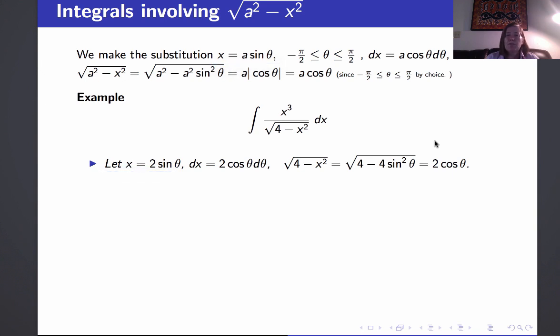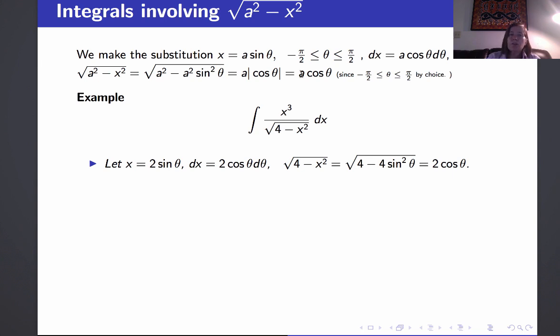Now this simplifies the square root. The square root of 4 minus x squared becomes the square root of 4 minus 4 times sine squared theta. And pulling out that 4, we get the square root of 4 is 2, and that's 2 times the square root of 1 minus sine squared theta, which is 2 times the square root of cosine squared theta.